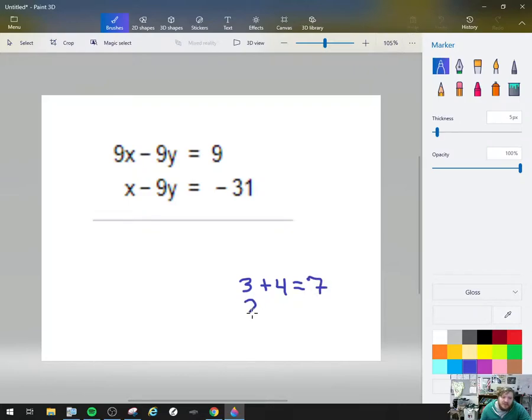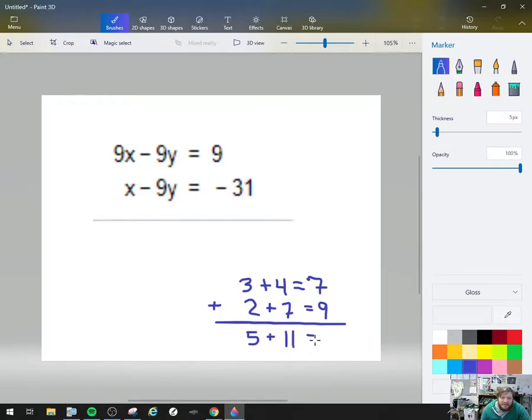And 2 plus 7 equals 9, right? So there's this thing you can do in equations where if I add them up and you just go vertically, 3 plus 2 is 5. 4 plus 7 is 11.